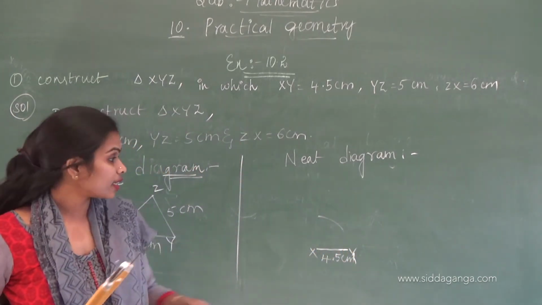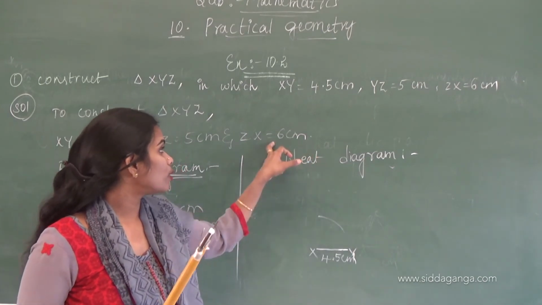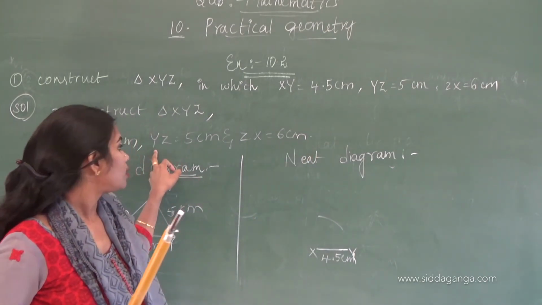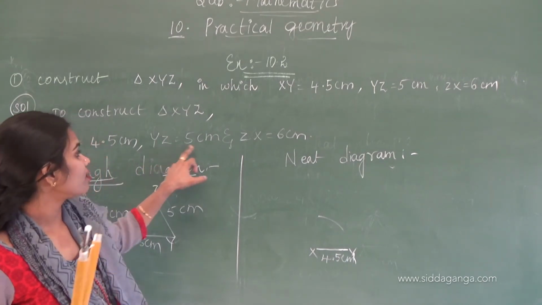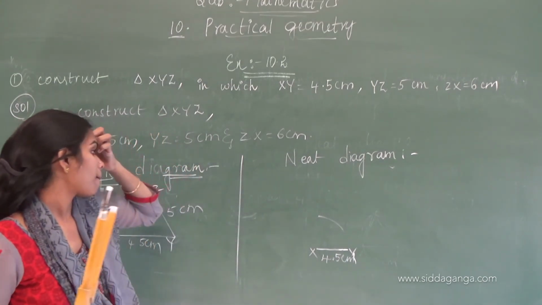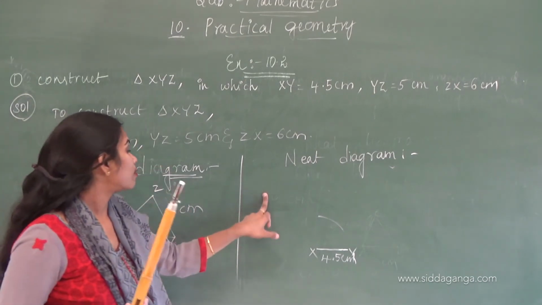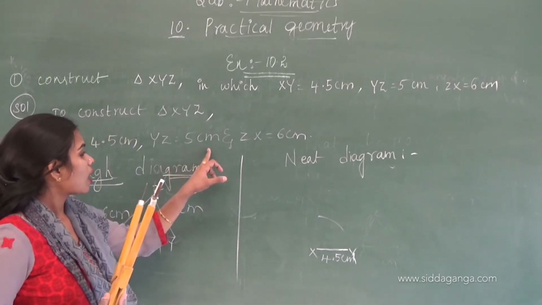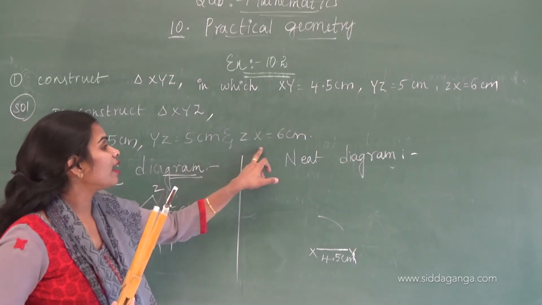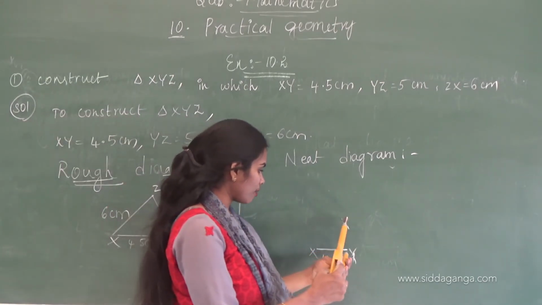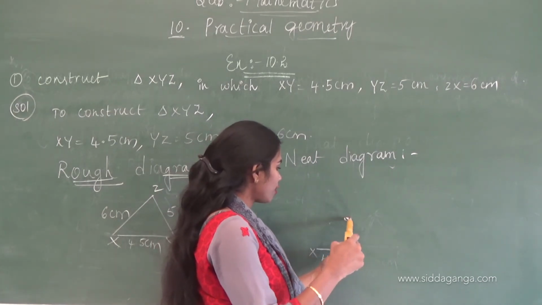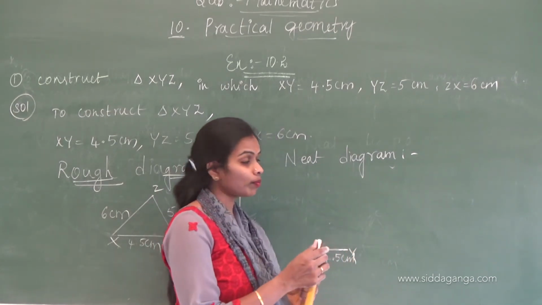After that, YZ. What is the value of YZ? The YZ value is 5 centimeters. From Y as center we have to draw an arc of 5 centimeters.